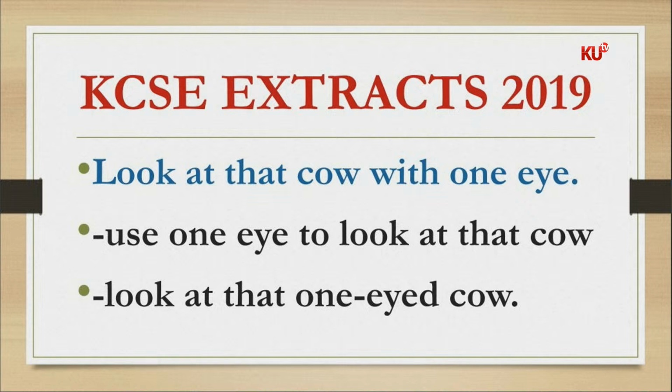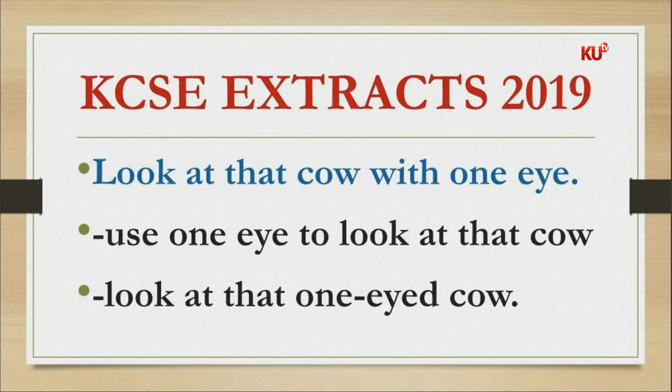So the first meaning of this statement is, use one eye to look at that cow. So you can close one of your eyes, and then you look at the cow.